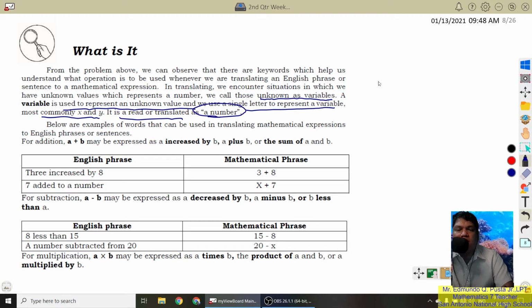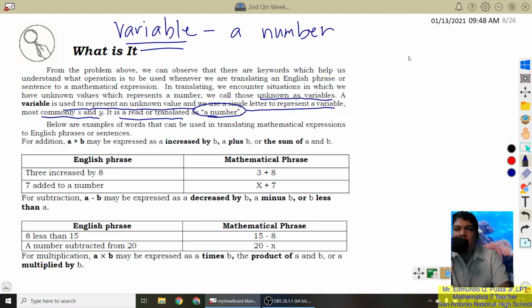Okay? So, sa ating English phrase, we call that a number. This variable in mathematical terms is, in English, a number. Any number. It's like having a box, no? We don't know yet what's inside the box.